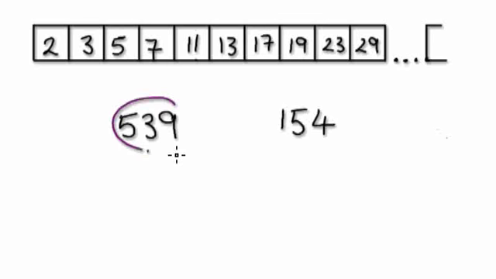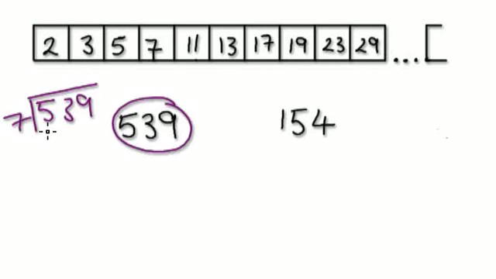Does this number divide by 7? So let's try it. 5, 3, 9 divided by 7. So 53 divided by 7, that would be, hang on, 7 times 7 would be 49, so that would be remainder 4. Yep, 77.